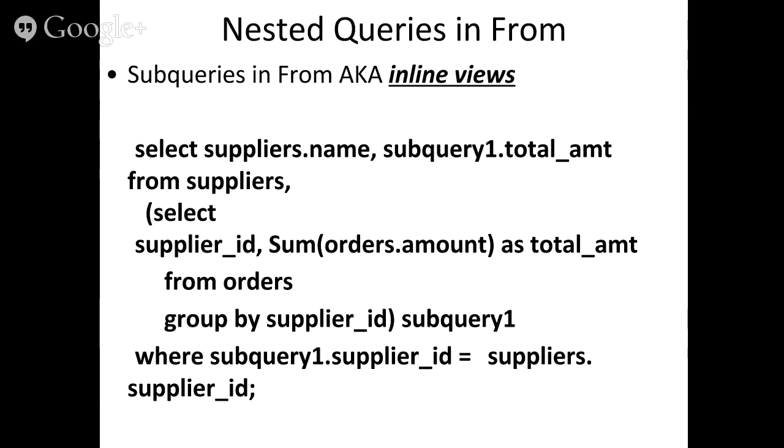We can use it outside. Again, the from is evaluated first. Once we have identified all the records, we're going to filter outside and say, okay, we only want the ones where the supplier ID of the inner record, of this field that was generated, is equal to the outer suppliers table.